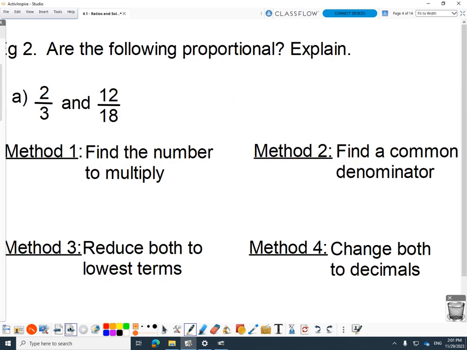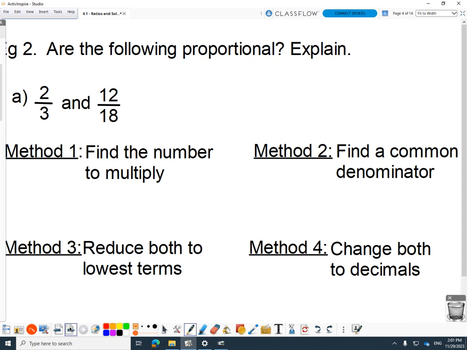Okay, now. I'm going to show 4 methods to decide if something is proportional.